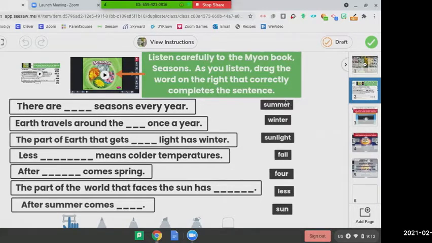You are going to click and drag the words that belong inside of the sentences. Okay, so you're going to find the missing word that correctly finishes the sentence, and you're going to place it inside of that sentence. Some of these you might already know. Some of these you're going to require the book to help you with.